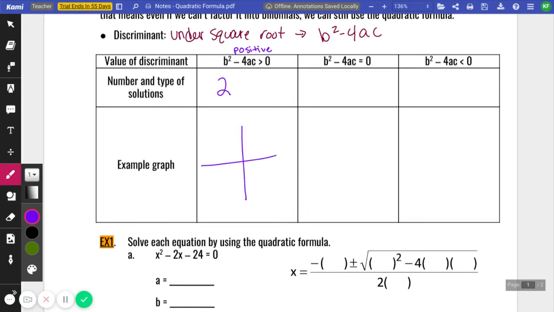And on a graph, that means we have a quadratic function that goes through the x-axis twice. Because remember, solutions are the same thing as x-intercepts. So it's going to have two solutions, which we know are x-intercepts, roots, zeros, all that stuff.